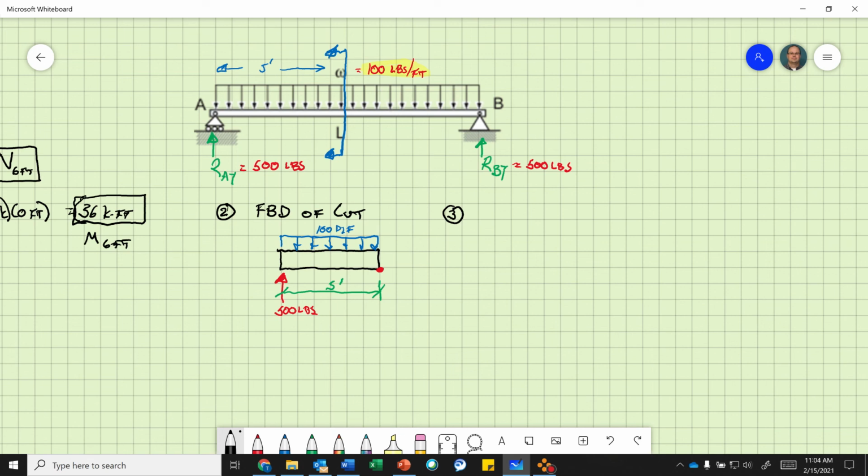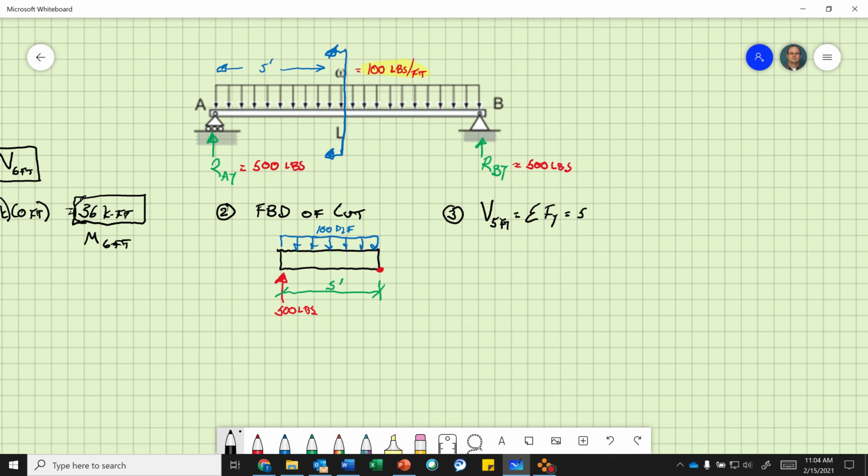Now if we want to solve the shear at 5 feet, that equals the sum of the forces in the y direction. Now that I cut the beam, anything pointing up is positive, anything pointing down is negative.